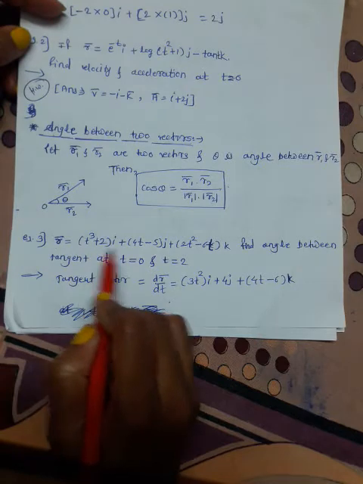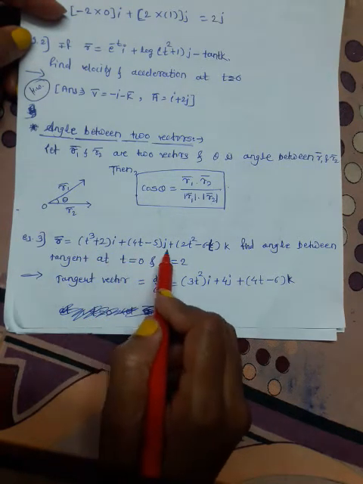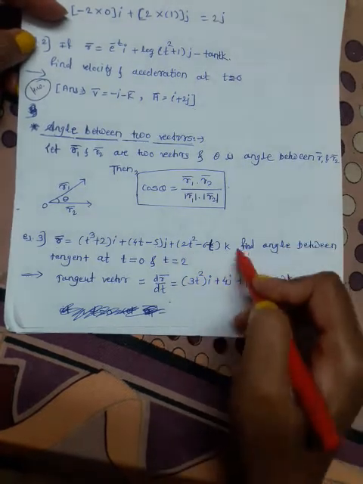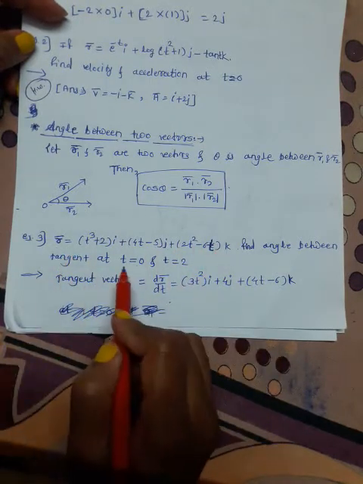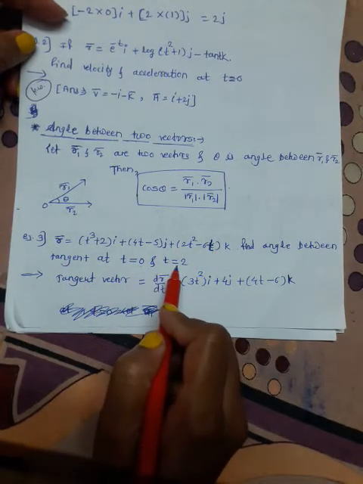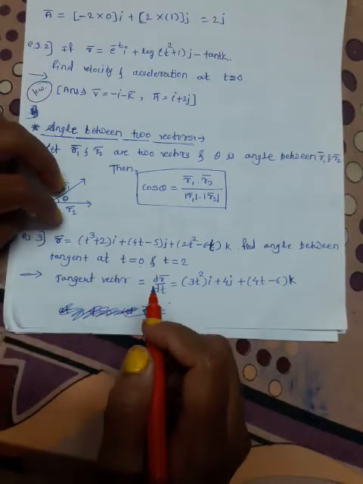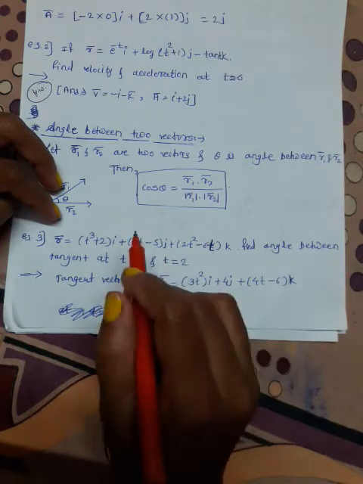Let r bar be equal to (t cube plus 2) i plus (4t minus 5) j plus (2t square minus 6t) k. This is the position vector given. Find the angle between the tangents at the points t equal to 0 and t equal to 2. Now we have to find those two vectors first, then only we can use this definition.